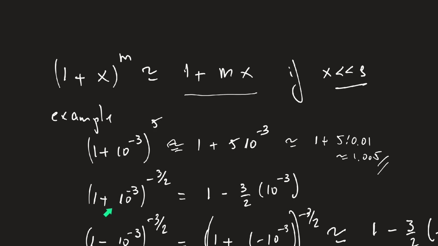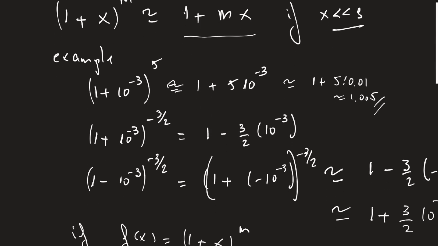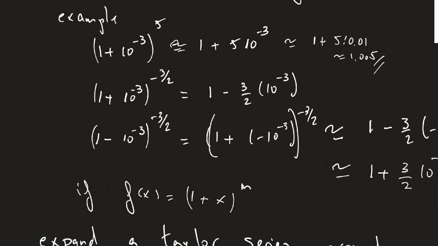If you do another example, for example, where it looks like a difference, not a sum, it is 1 minus x to the power of minus 3.5.